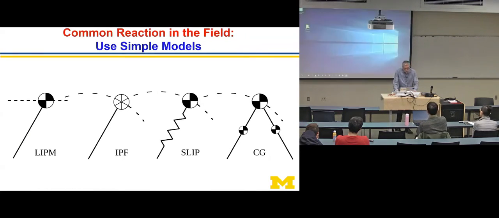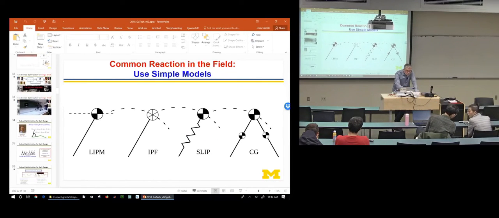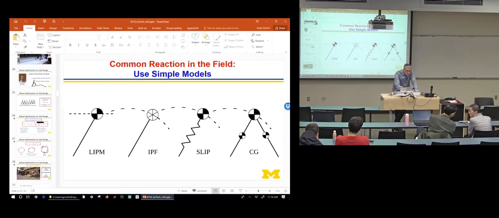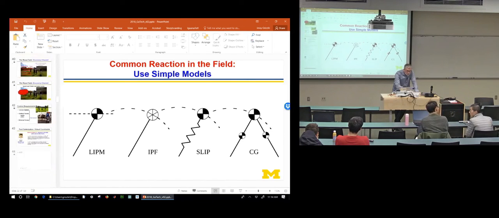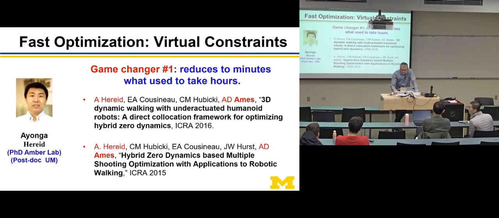So let me jump to this new way of doing feedback design. You guys are going to be taking courses in supervised machine learning pretty soon, so you've heard the word neural networks.